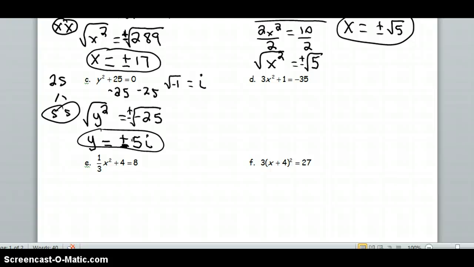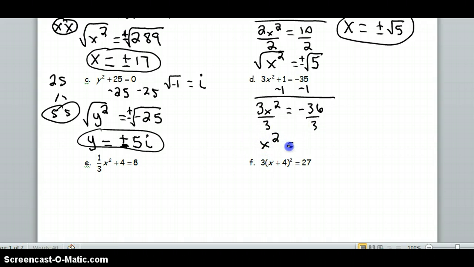All right? Now, this problem here, D, we will subtract 1 from both sides. 3x squared equals negative 36. Divide by 3. And so x squared equals negative, actually, I need a little more room for that.